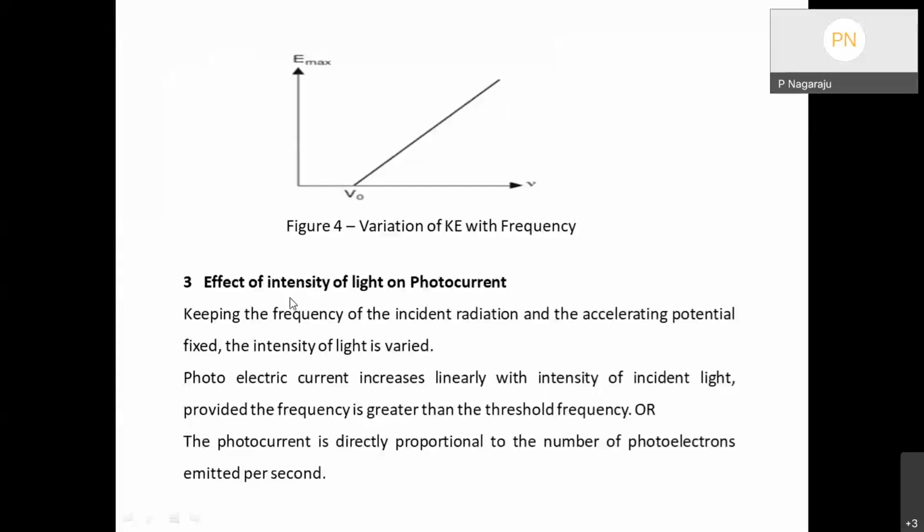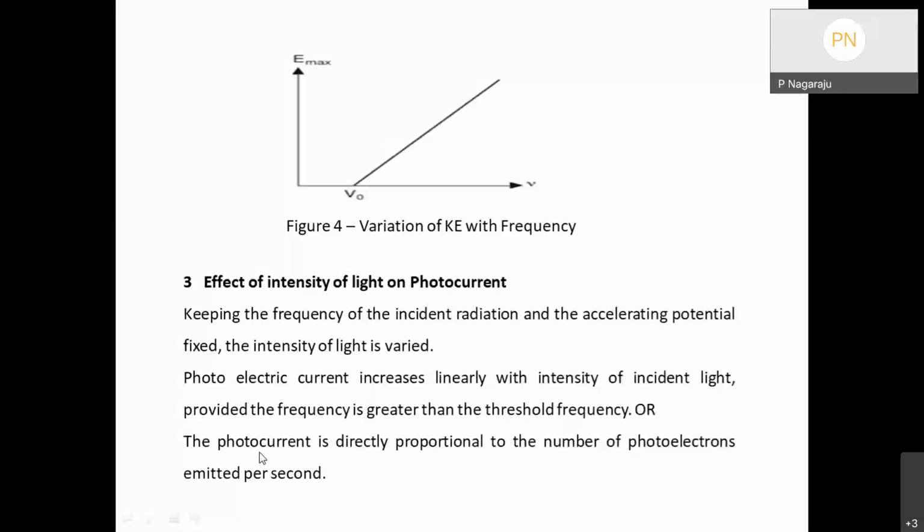Then coming to the effect of intensity of light on photocurrent. Keeping the frequency of the incident radiation and the accelerating potential, that is the potential difference, fixed, the intensity of light is varied. Photoelectric current increases linearly with intensity of light, provided the frequency is greater than the threshold frequency.